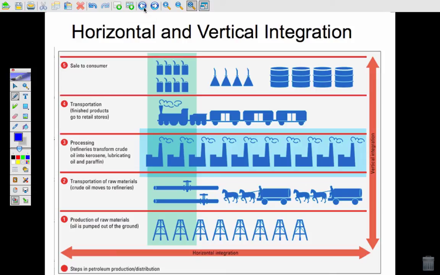If you have any questions on horizontal or vertical integration, which is this picture here, please see me in class, shoot me an email, double check over your handout that you will receive in class, most likely Tuesday the 19th.